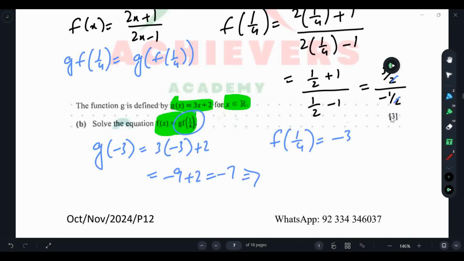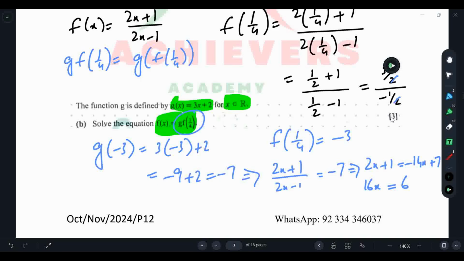So f of x, which was 2x plus 1 divided by 2x minus 1, is equal to minus 7. Now if we cross multiply it, 2x plus 1 is equal to minus 14x plus 7. If we rearrange it, this will be 16x is equal to 6.